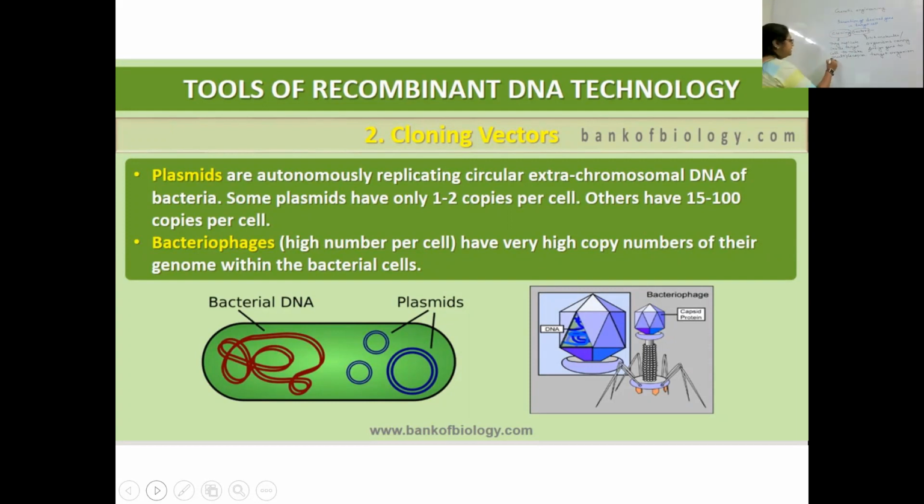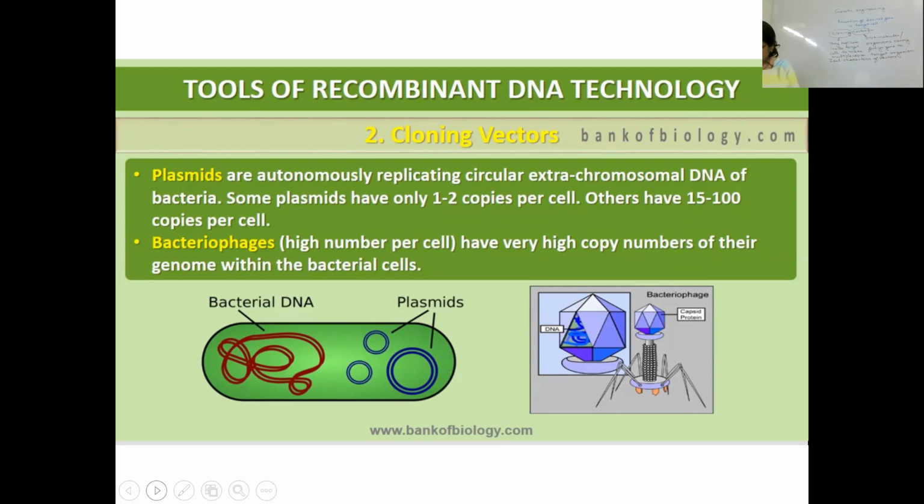So cloning vectors should have certain characteristics, and that is to be known by all of us. So we will call them ideal characters of vectors.